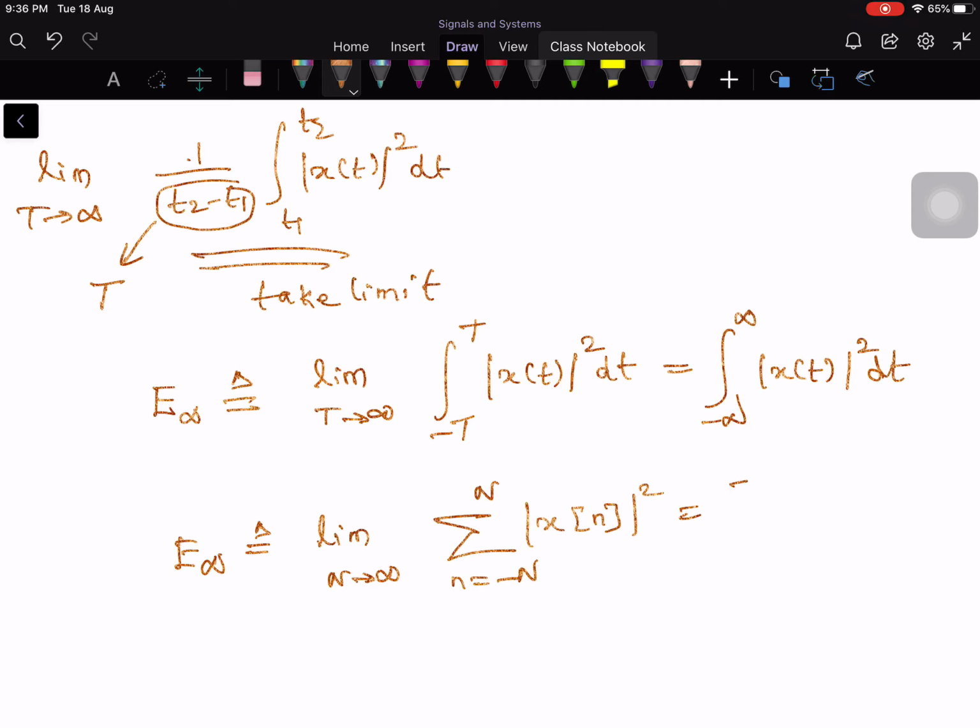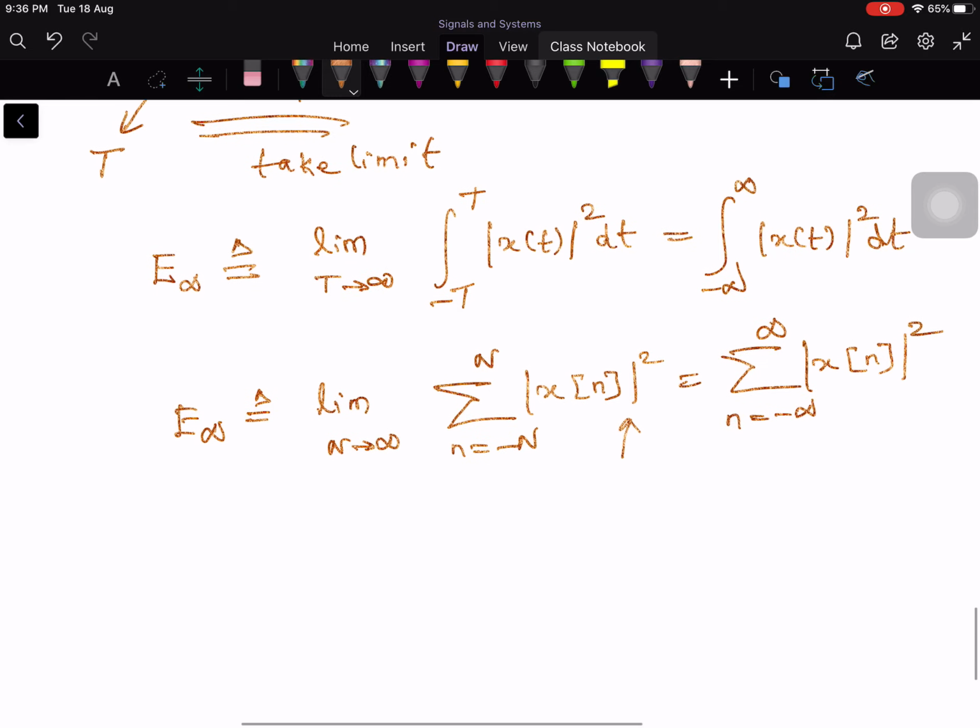The same thing I can write as the sum from n equal to minus infinity to plus infinity of the magnitude of x of n, squared. This modulus is needed only when you are dealing with a complex signal. Otherwise, you can simply write down the definition there. The magnitude operation is not necessary.